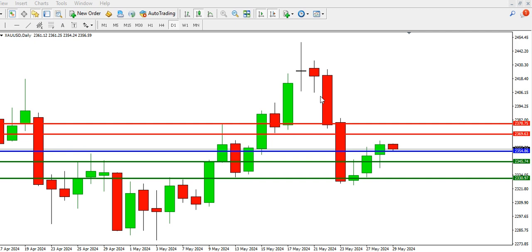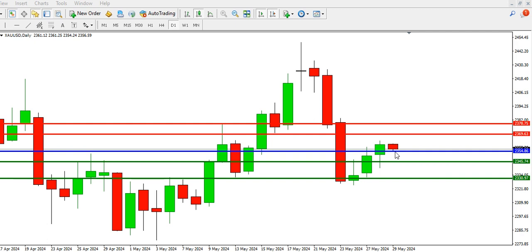to look at what has happened on the daily time frame. I have the pivot level for today at 2354.86, and price opened well above the pivot level, and price is currently trying to test the pivot level.